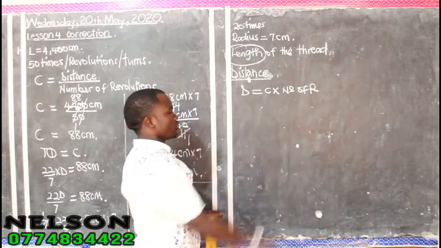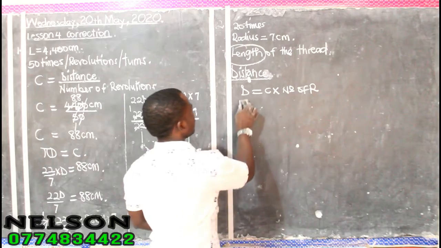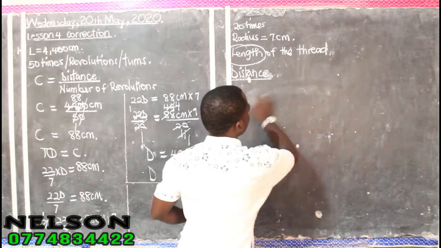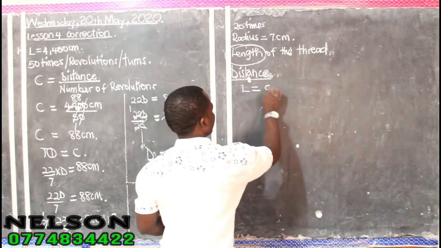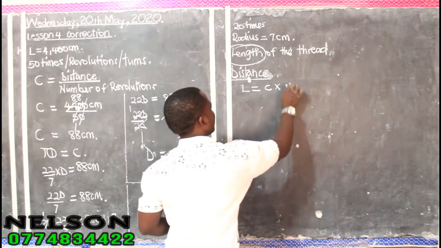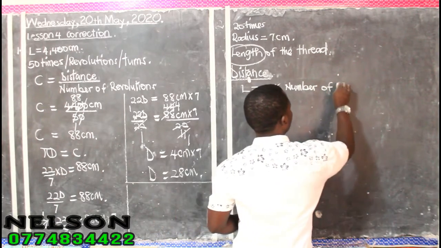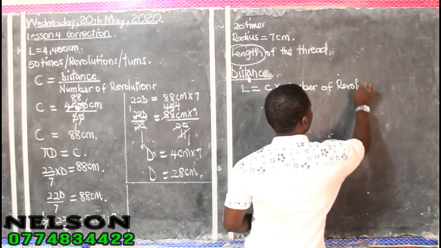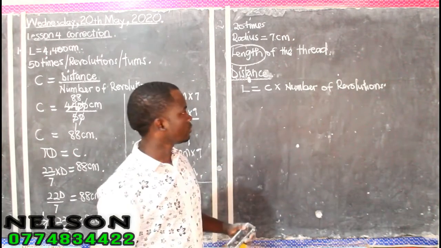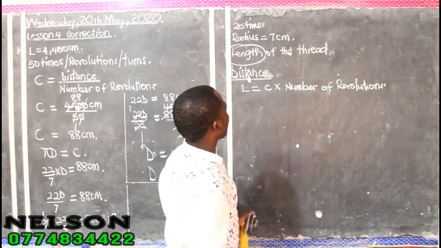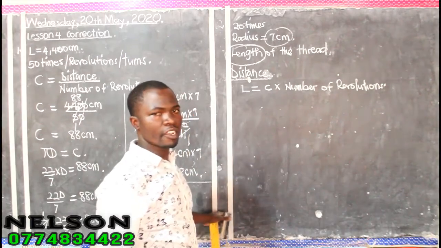But in our question, they are not asking for distance, they are asking for length. So instead of distance, we are going to put length. You say length equals circumference times number of revolutions. Do we have the circumference? No, we have the radius, which can help us get the circumference.